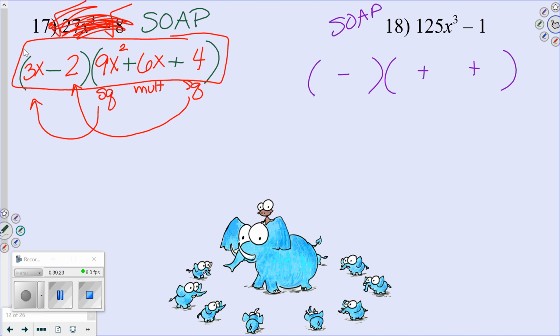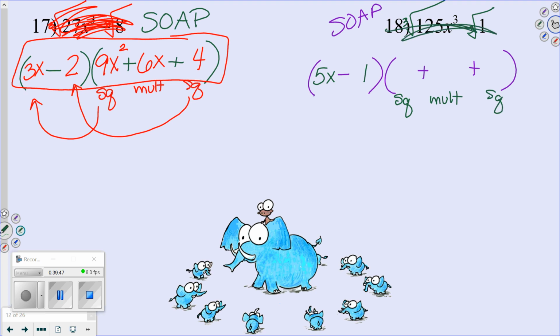All right, how do I get the first numbers? Cube root. So the cube root of 125x cubed is 5x, and the cube root of 1 is 1. And then it's square, multiply, square. Do I care about this problem anymore?